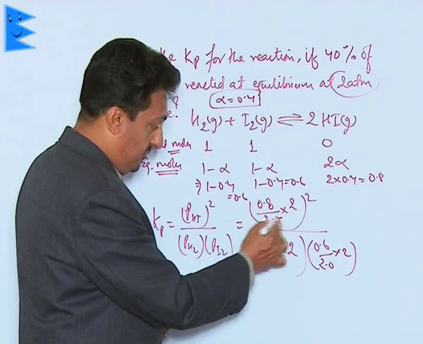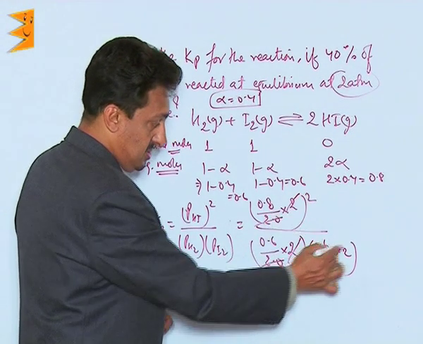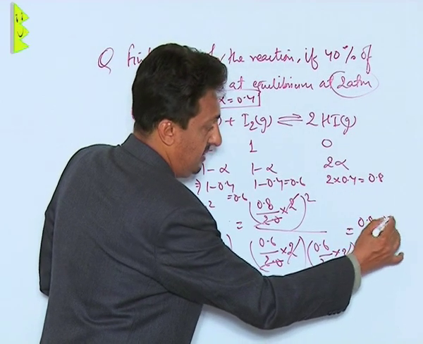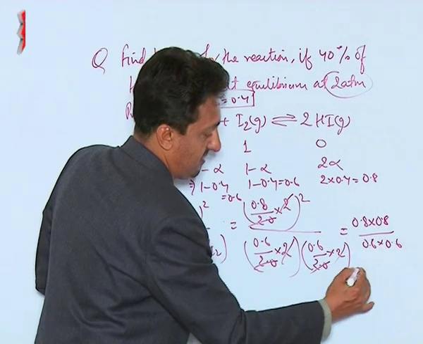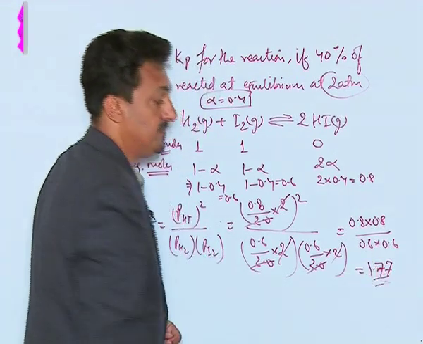So the square of 2 gets cancelled. The square of this 2 will also get cancelled. So what we get here is 0.8 into 0.8 upon 0.6 into 0.6. When we solve this, it comes out to be 1.77.